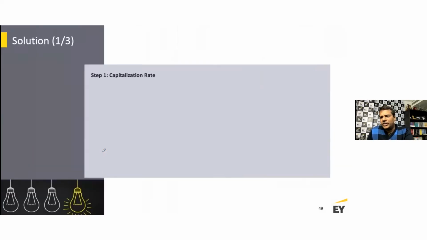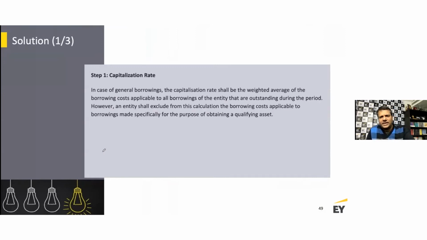First I need to determine the capitalization rate, which is applicable in the case of general borrowing. The capitalization rate shall be the weighted average of the borrowing cost applicable to all borrowings of the entity that are outstanding during the period. However, an entity shall exclude from this calculation the borrowing cost applicable to borrowing made specifically for the purpose of obtaining a qualifying asset.